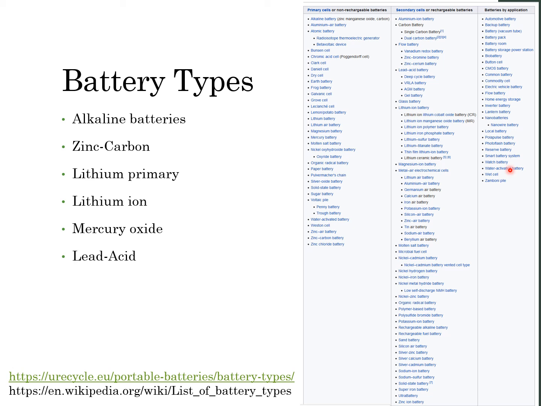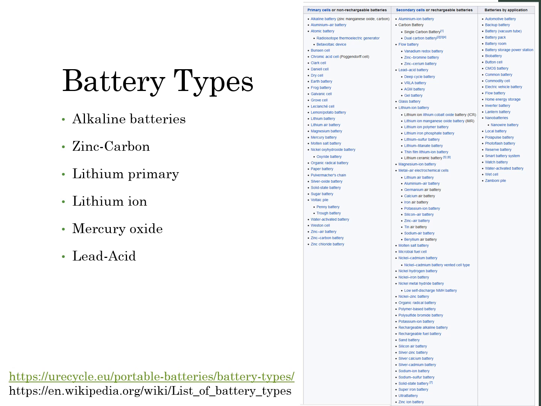On the right here are the other two columns sorted by application. I know this list isn't very legible, but it's just a huge list of all the different types of batteries that we have. And this is something that is constantly changing. There's still research being done on batteries, especially our rechargeable batteries.